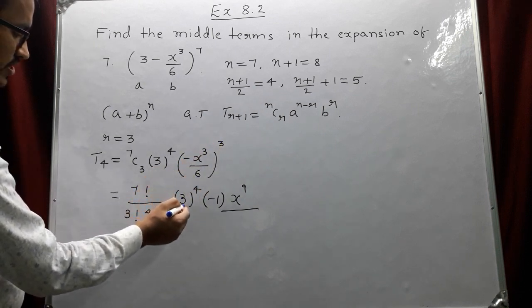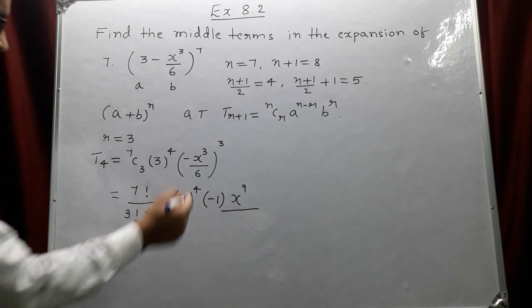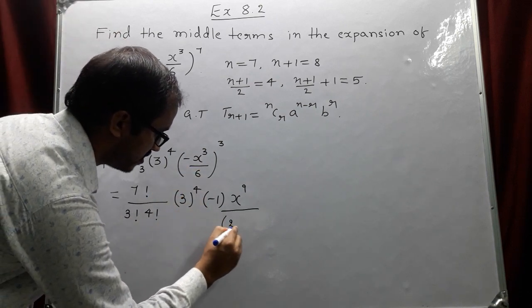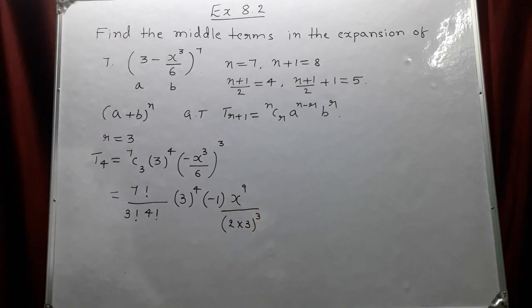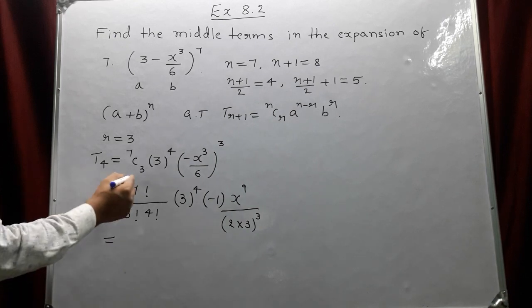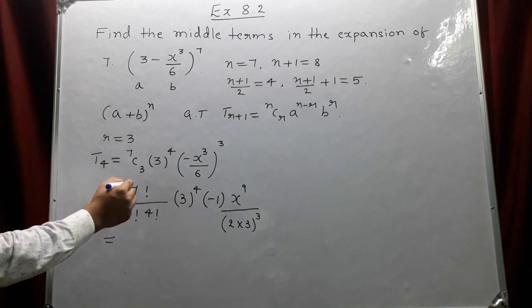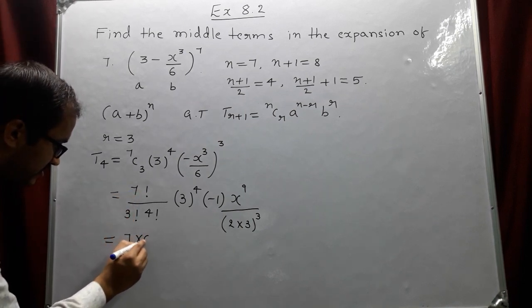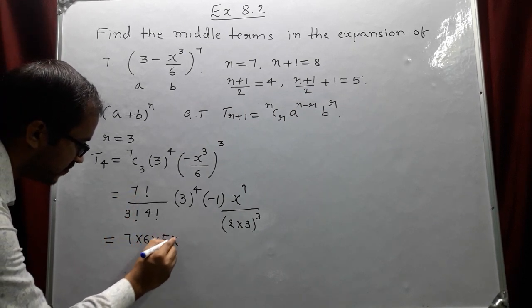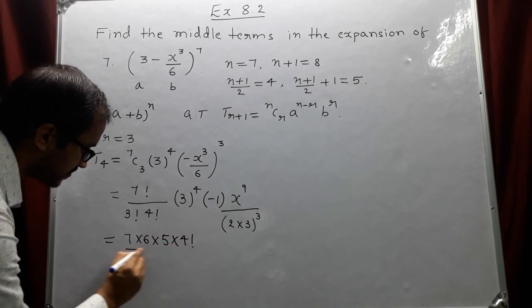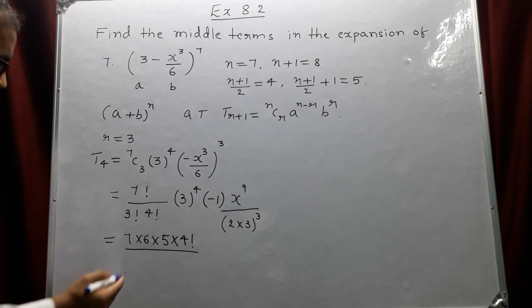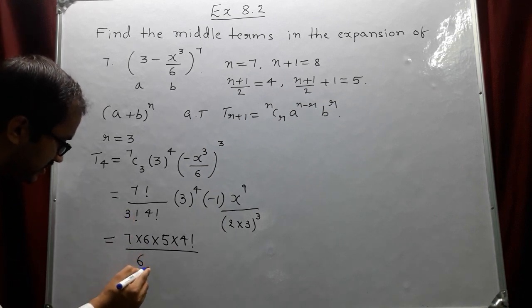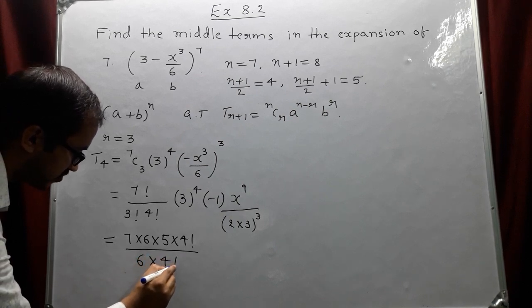Since we have 3 power 4 in the numerator, 6 can be written as (2 into 3) whole cube. So simplify this one. 7 factorial can be written as 7 into 6 into 5 into 4 factorial, divided by 3 factorial, that is 3 into 2 into 1, which is 6, into 4 factorial.